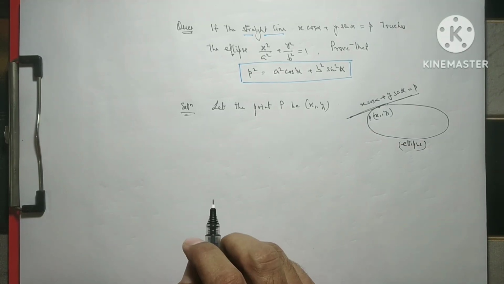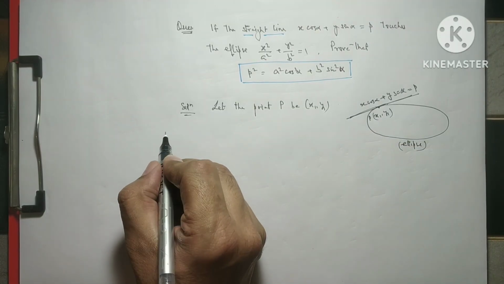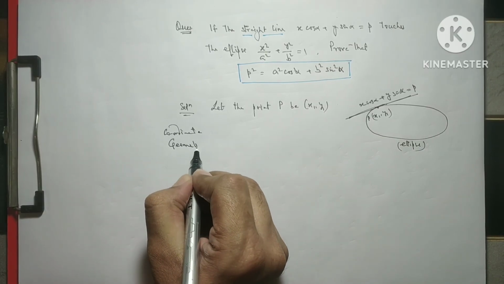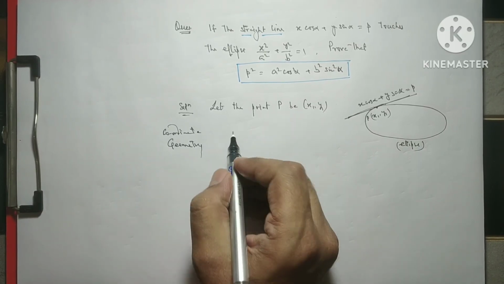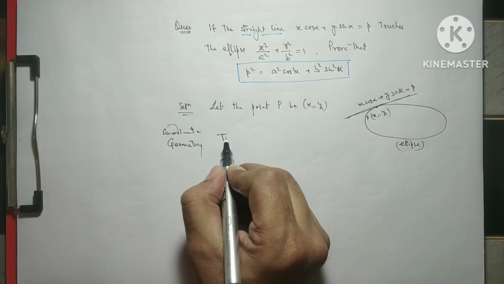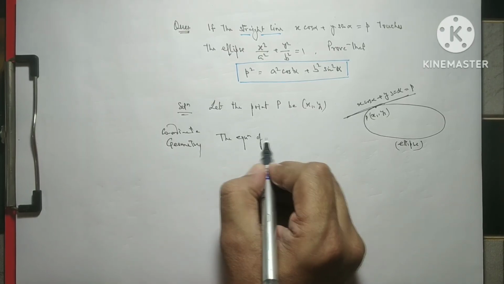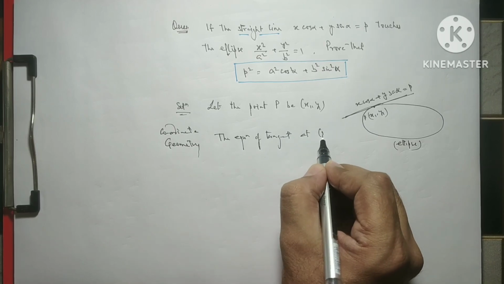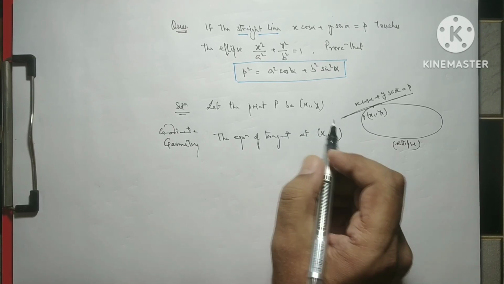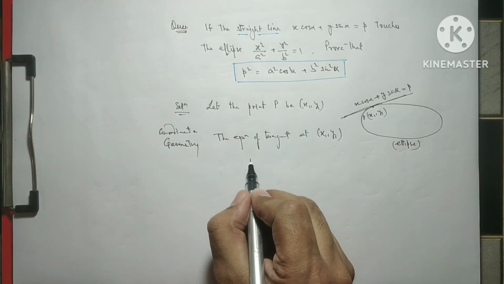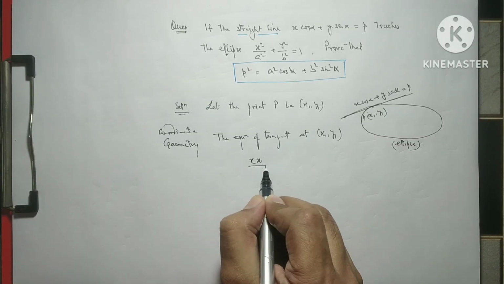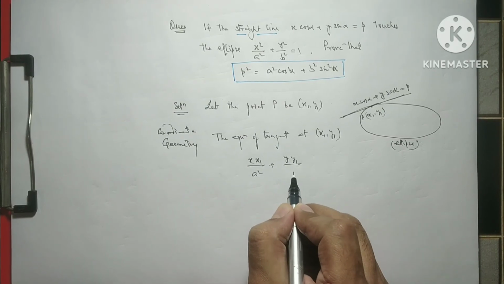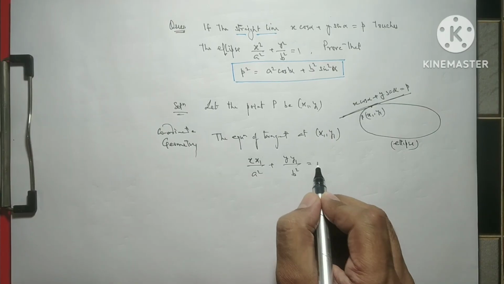So according to coordinate geometry, the equation of tangent at (x1, y1) on this curve will be x x1 over a square plus y y1 over b square equals 1.